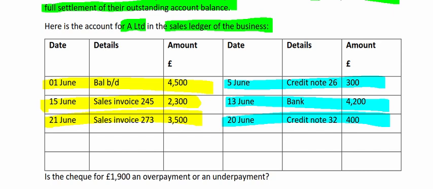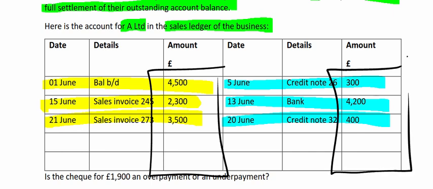Now a good starting point in this task is to actually work out what the outstanding balance is by effectively balancing off the debit side against the credit side. So the way we balance off our accounts is look at the two sides and work out which has got the greatest total, which I think here is the debit side, where I think there's a total of £10,300.